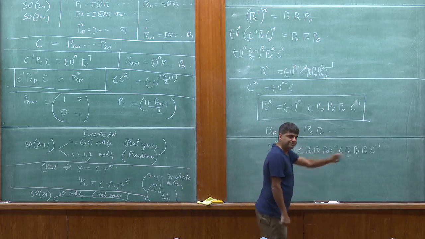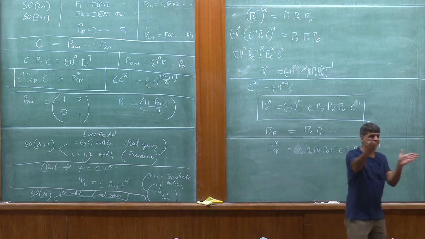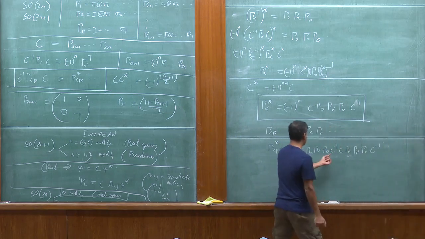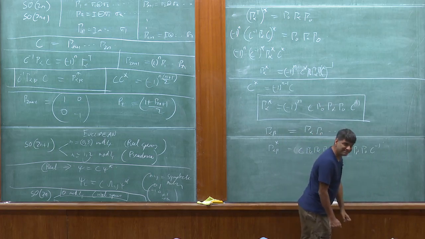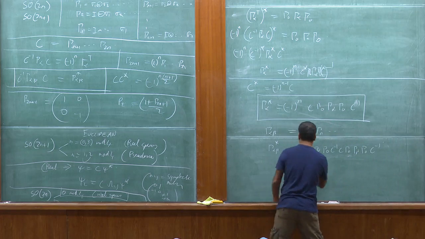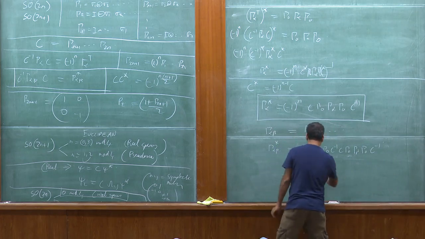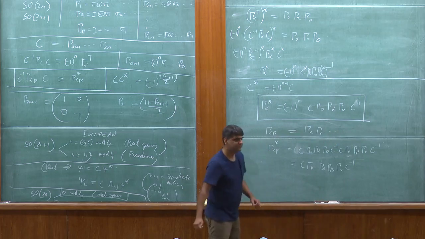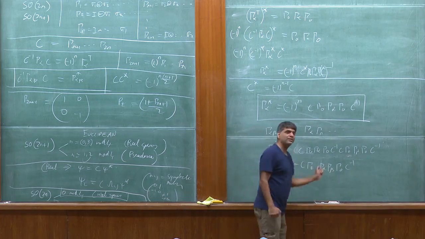All good? Minus the other. I'm just working on one term. They'll all work the same way. Okay? Now C inverse times C is 1. Gamma 0 times gamma 0 is minus 1. Okay? And so we get C gamma 0 gamma alpha gamma beta gamma 0 C inverse, minus the other term, which clearly will work the same way.